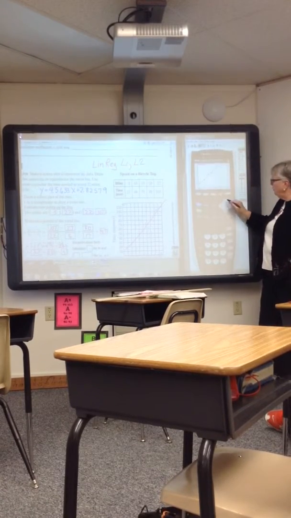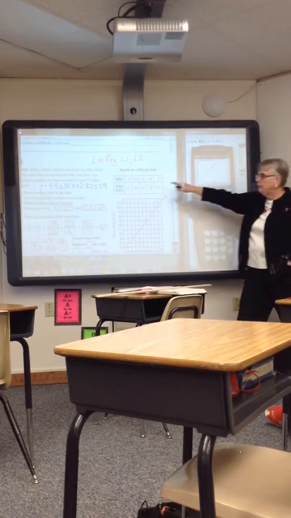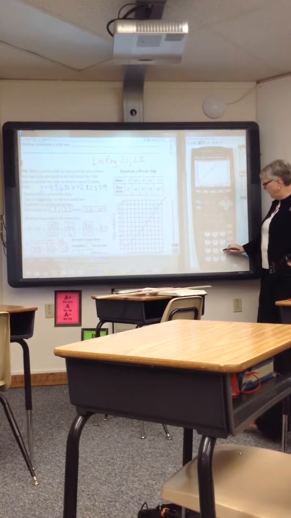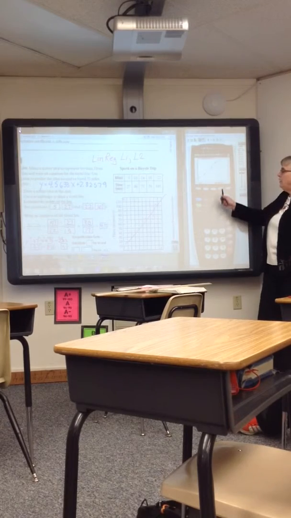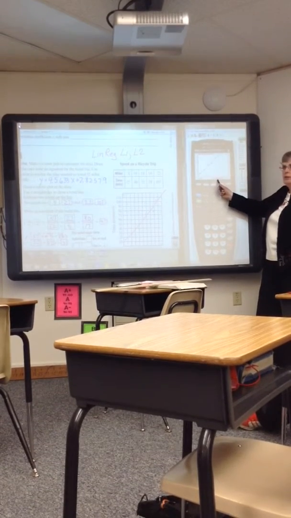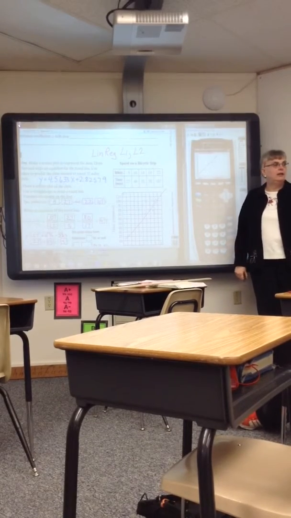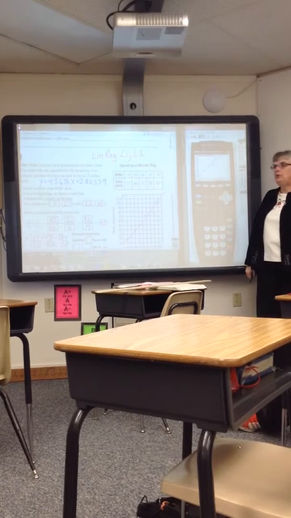So what you need to do is go up one, so now my equation appears. And see, here's my equation that I just typed in. Now type in 32 and hit enter, and there is my exact answer at the bottom for how many minutes I need when the miles are 32.